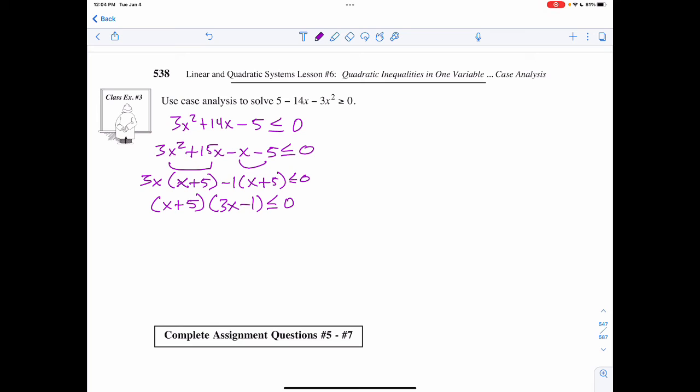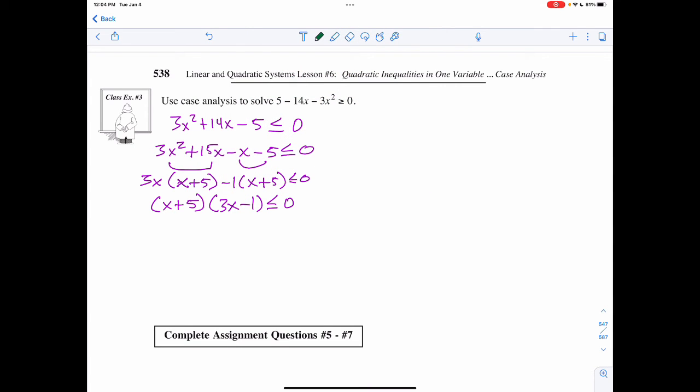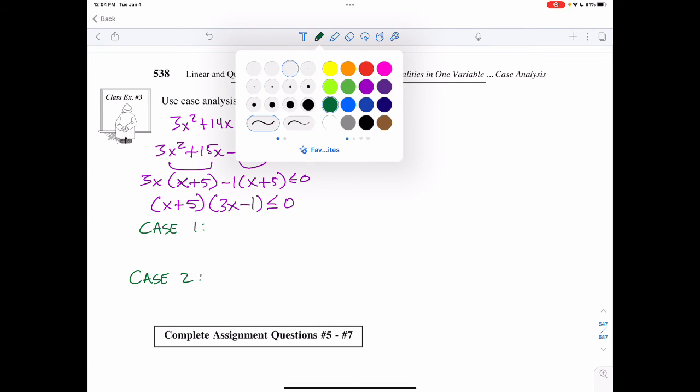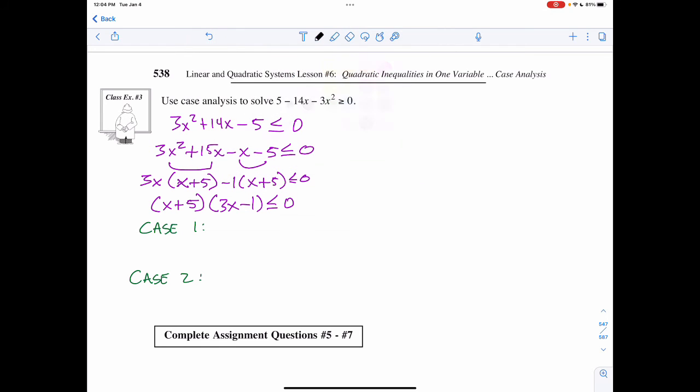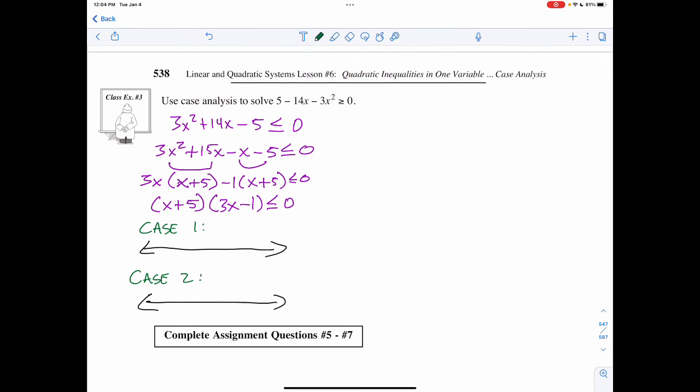Now, at this point, for your cases, I'll let you use a number line. You still need to state the two possible cases. So I call it case 1 and case 2. I can create a number line. And I'm going to state the possibilities.